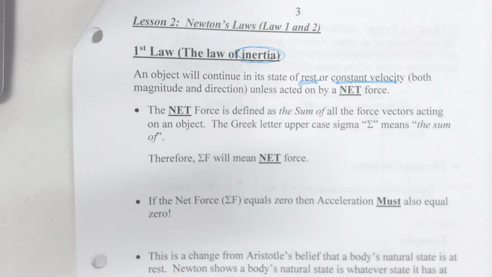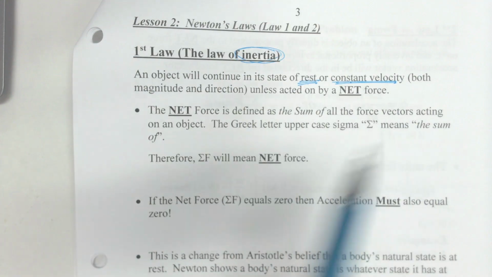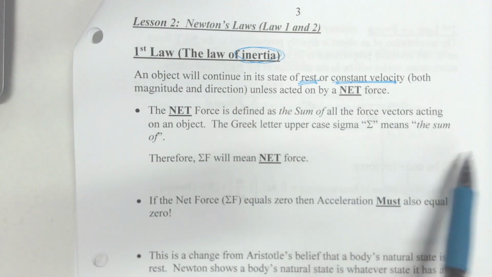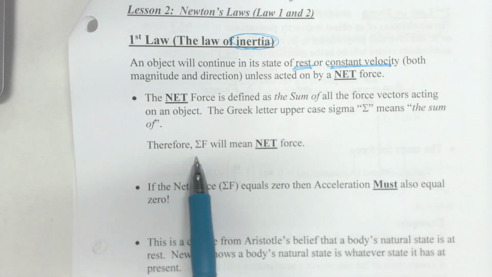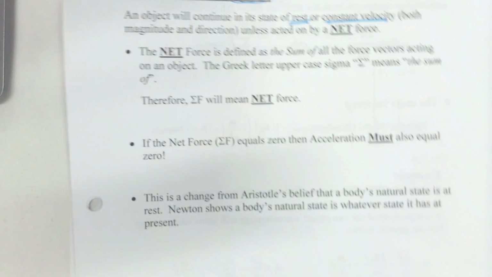Okay? That's inertia. So the net force is defined by the sum of all forces acting on an object. The Greek letter sigma means the sum of, and therefore sigma F means the net force. We already know that, right?